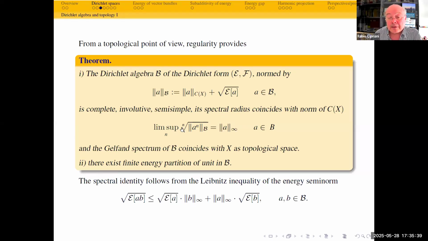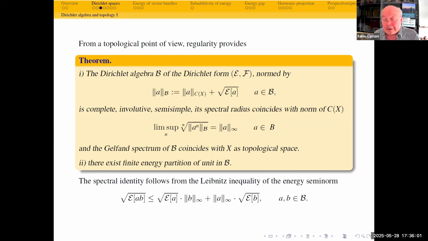In particular, its spectral radius coincides with the uniform norm, so with the norm in the commutative C-star algebra C of X. And so the Gelfand spectrum coincides with X, with its own natural characteristic topology.